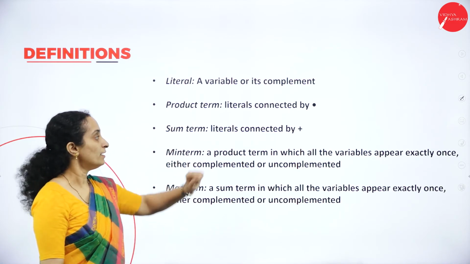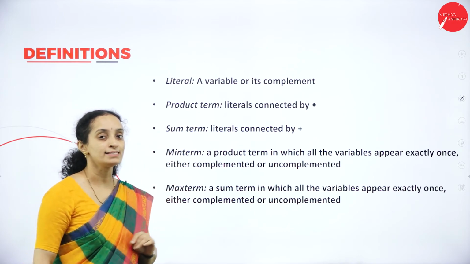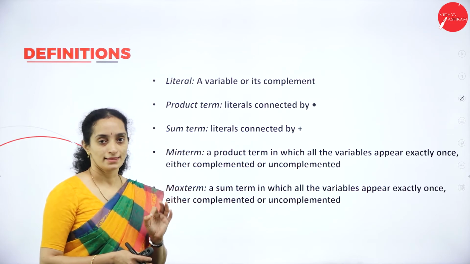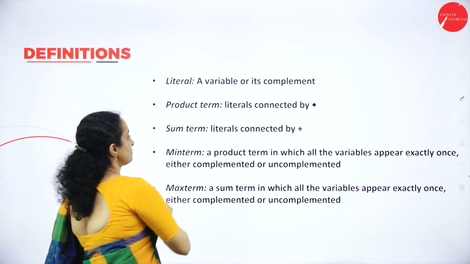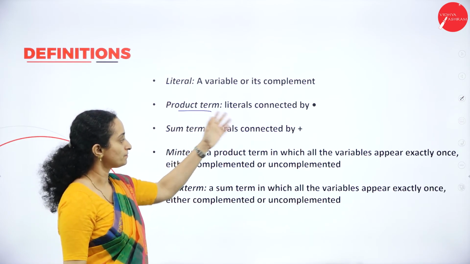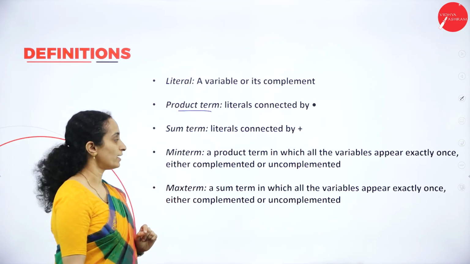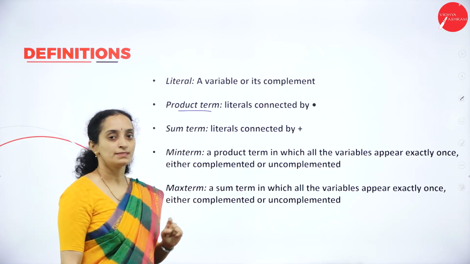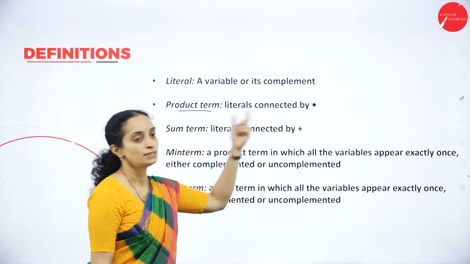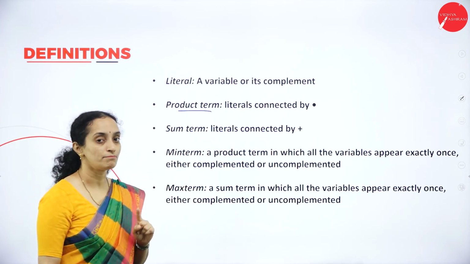Each variable or its complement, x and x dash, y and y dash, z and z dash, will be termed a literal. Next comes the product term. Product terms are connected by the dot operator, whereas sum terms are connected by the plus operator.